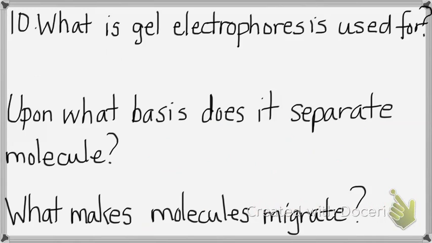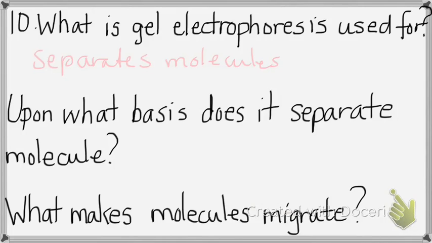Okay, great. Flip that piece of paper back over to where it says electrophoresis. It says, what is gel electrophoresis used for? I found the answer in the first sentence at the top. Gel electrophoresis separates molecules. You're right. Upon what basis does it separate molecules?